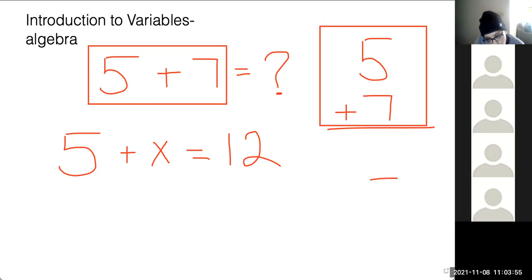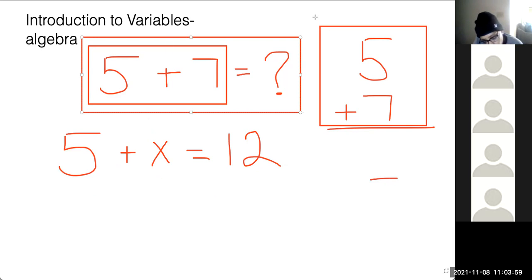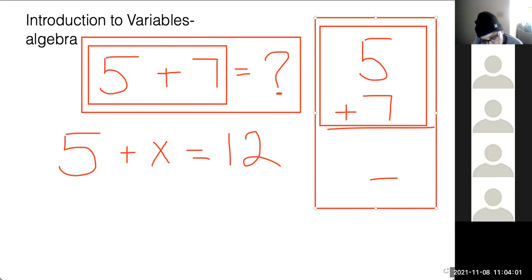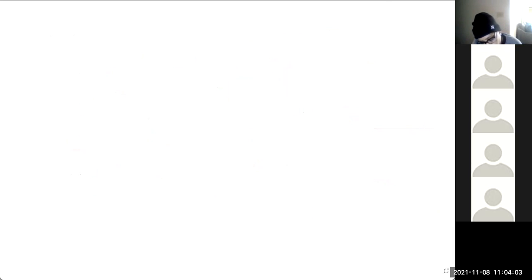We want math like this. That kind of math is cool, and stacked up math is cool. Well, there's a way to get there, and this is how it goes. I'm going to change to blue. So I'm going to start with that 5 plus something equals 12. Yes, we could mentally figure this out.